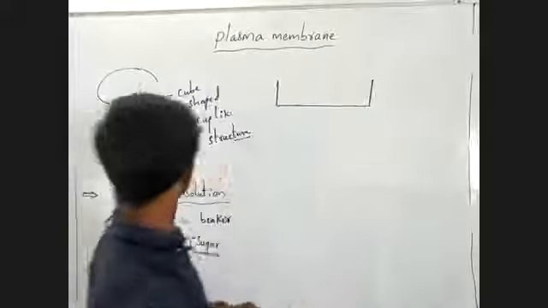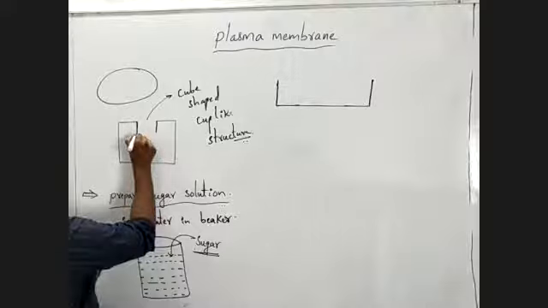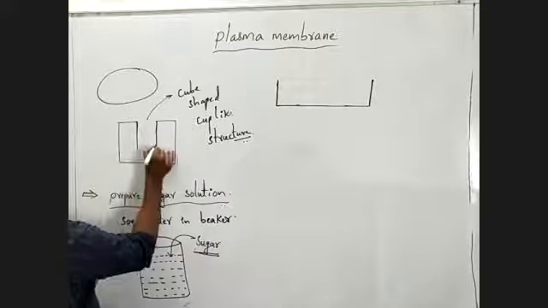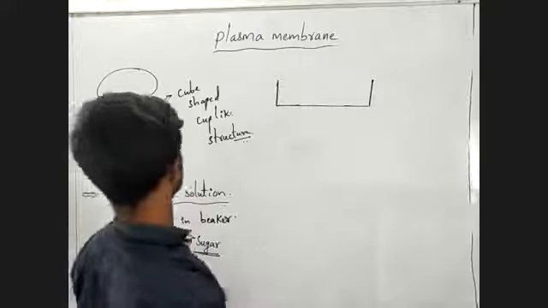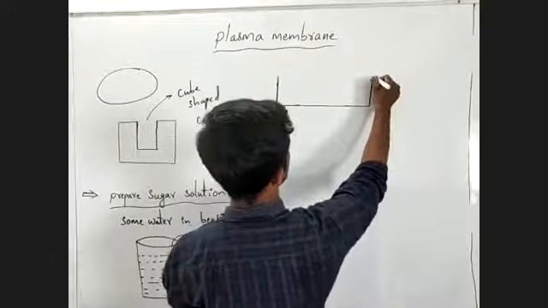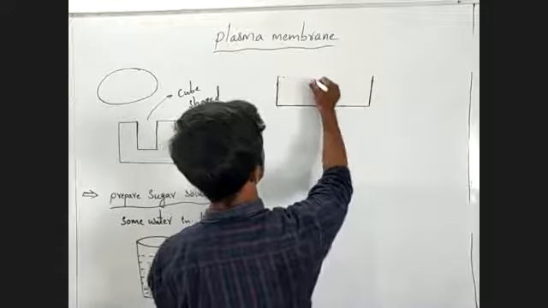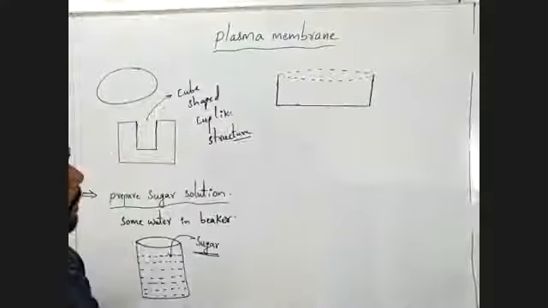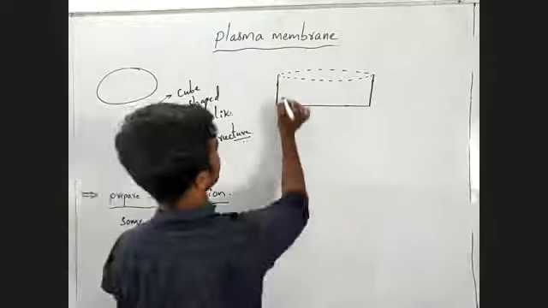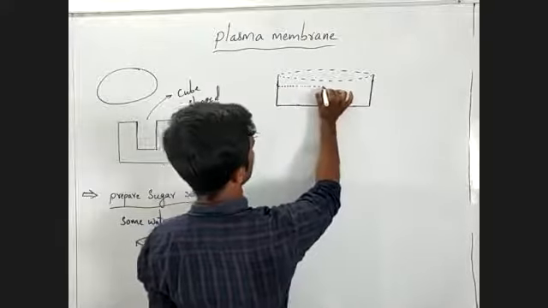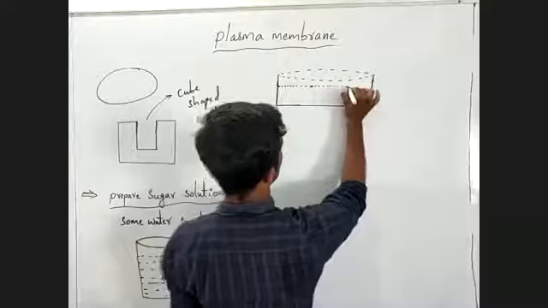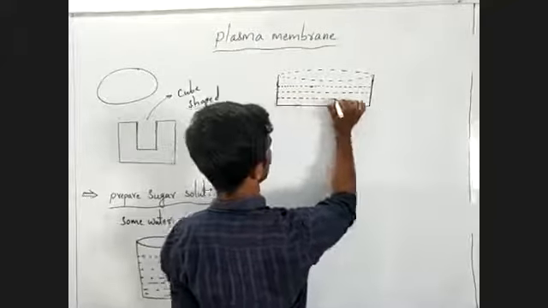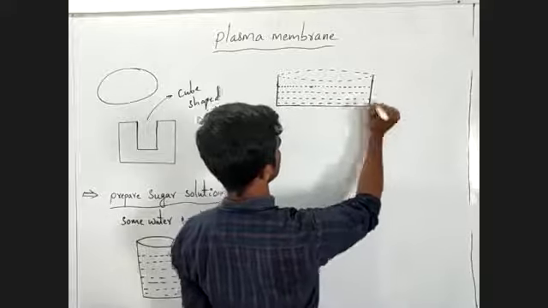Like this. Petri dish. Now, you have to pour water in this beaker. Like this.